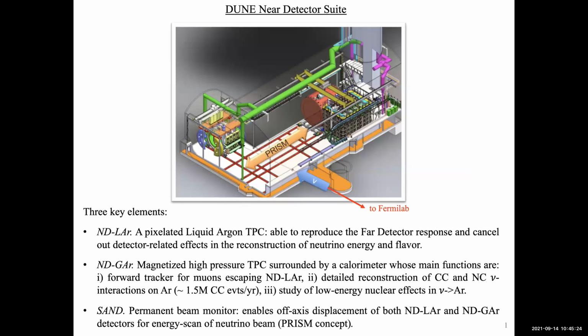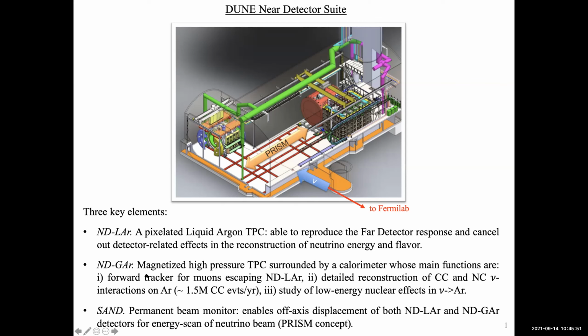My talk is focused on an R&D upgrade for the new detector complex of DUNE that has, as you know, 3 key elements. A liquid argon TPC based on the ArgonCube technology called ND-LAr. It's meant to give a reference for the neutrino flux and the main oscillation program.